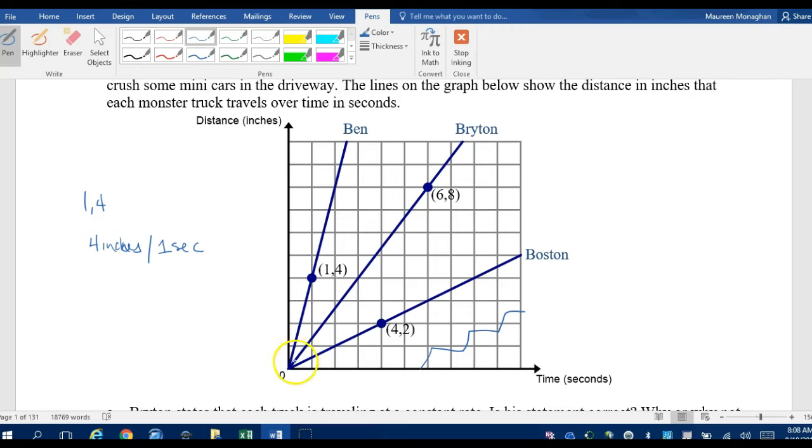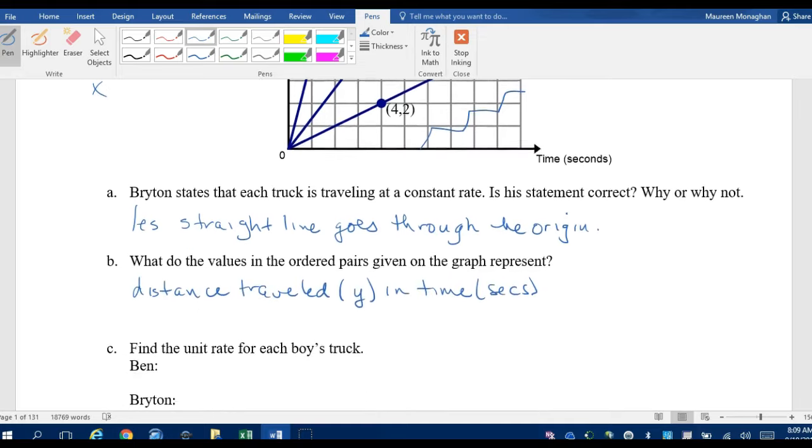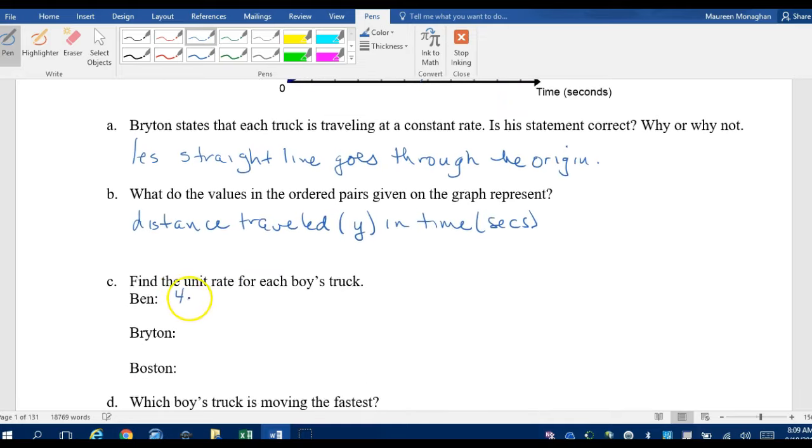That's the unit rate, 4 over 1. So you have to put the y, which is this part, it's y over x. So he's 4 over 1, which is 4 inches per 1 second.